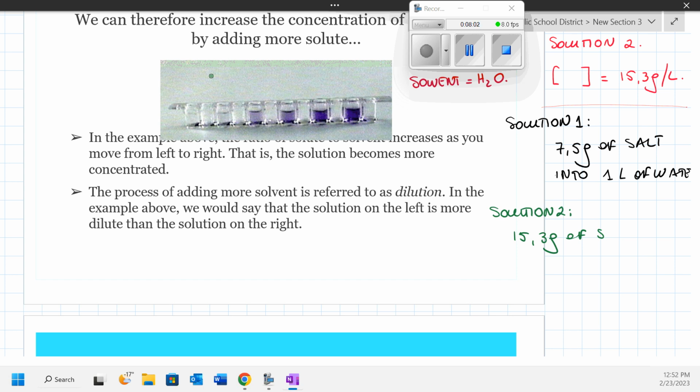In this case, we assume that that is salt, dissolved into 1 liter of water.